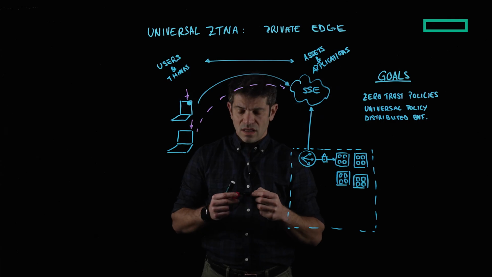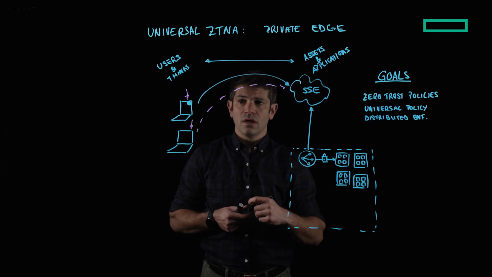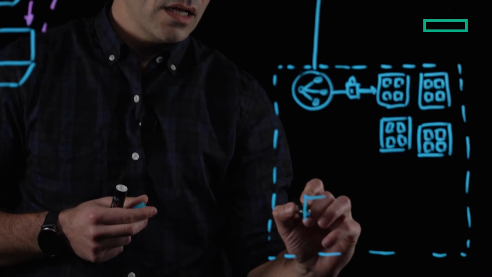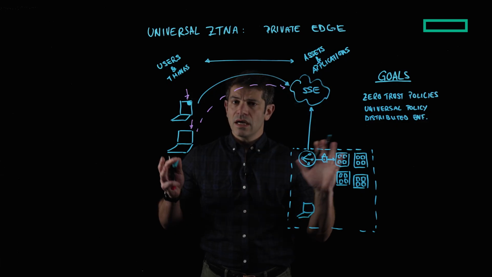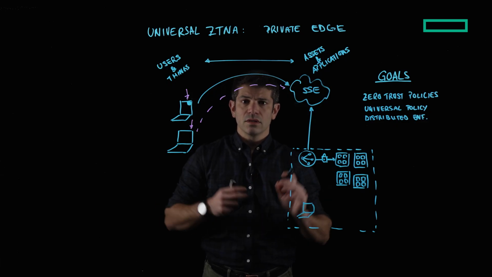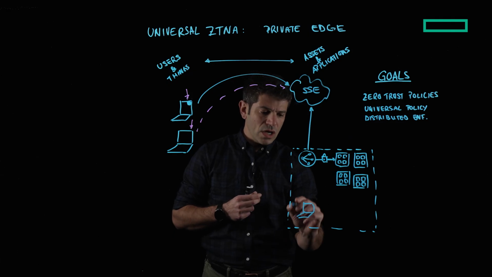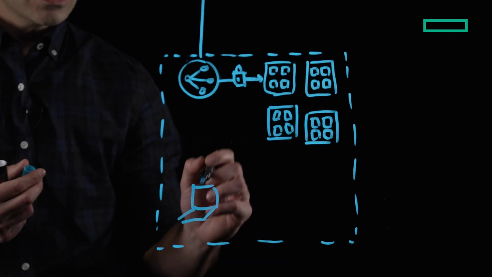That is great. And then what happens when you go to the office and do this on site? We had those remote users, and we like how the policies were being managed, how the application access was very tight, very secure. Now how do we do it for this user down here? Well, we're going to do the same thing.